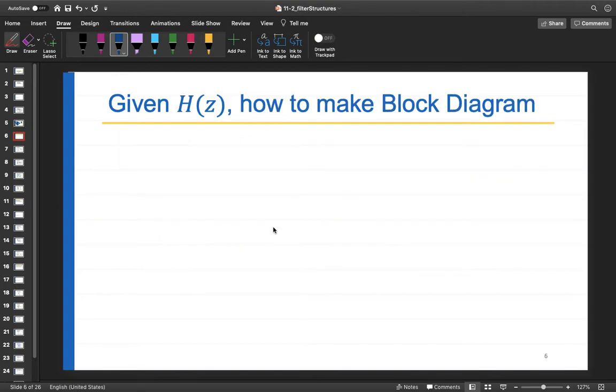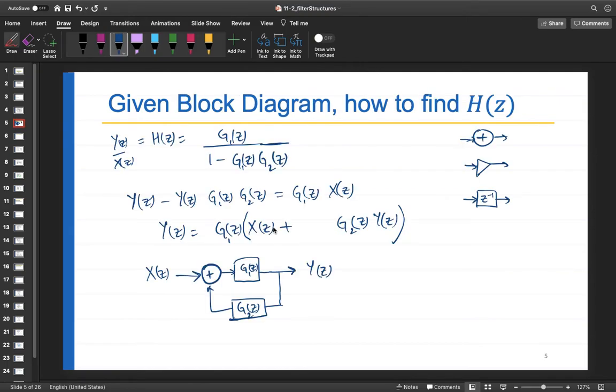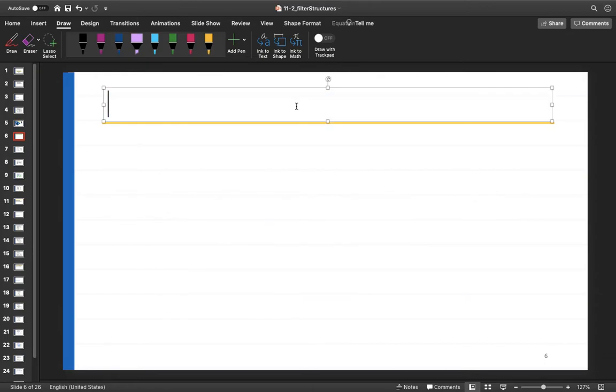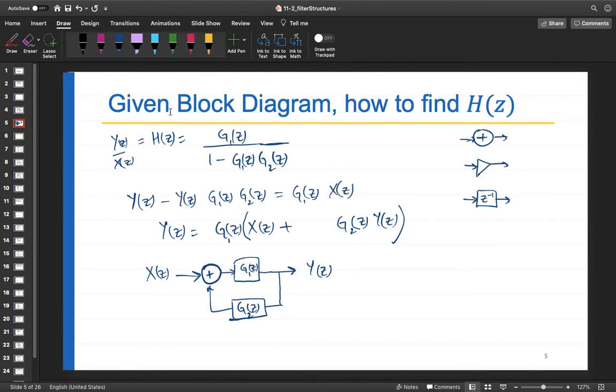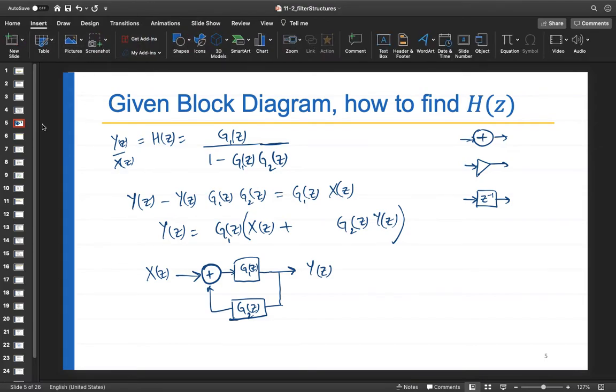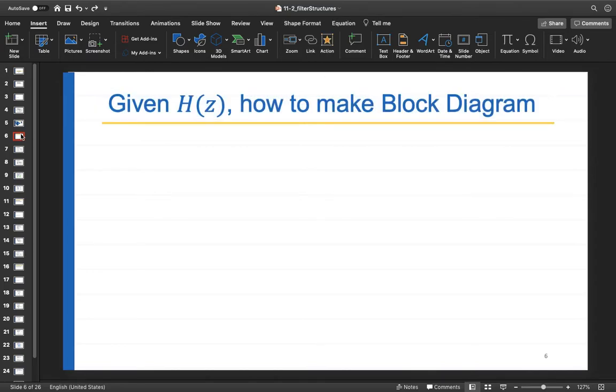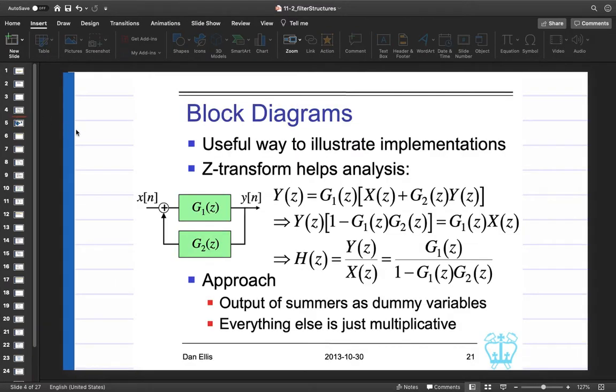Okay, now the other way. Oh, I think I did the other way. So, given H(z), how do we make a block diagram?